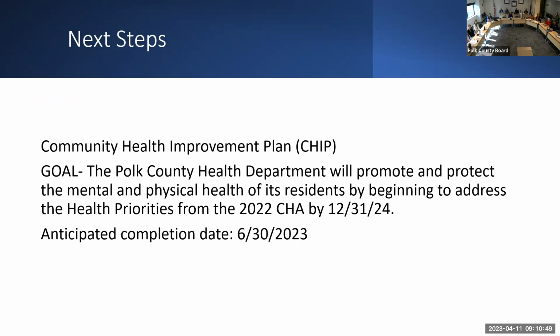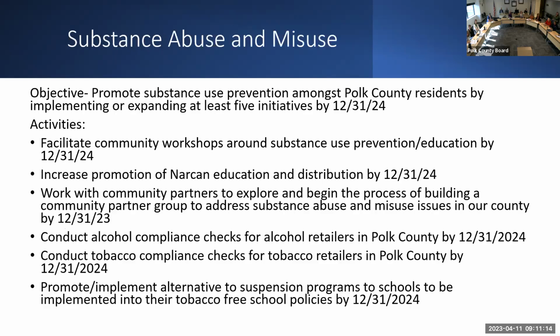Our overarching goal is that the Polk County Health Department will promote and protect the mental and physical health of its residents by beginning to address the health priorities from the 2022 CHA by the end of 2024. Anticipated completion of the CHIP would be no later than June 30th of this year.